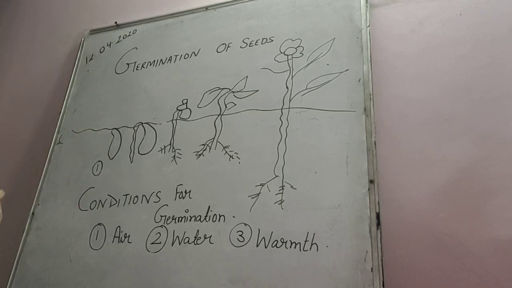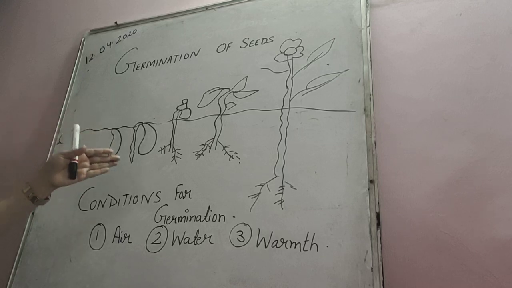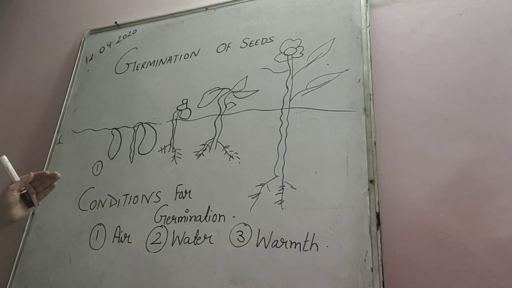There are various agents, meaning the different ways by which seeds get dispersed. A few of them are wind, flowing water, animals, and even we people also behave as carriers or dispersers of these seeds.